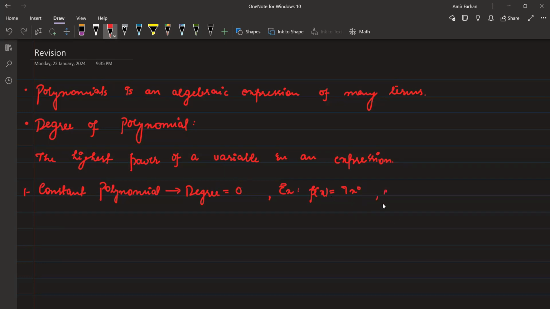Yes or no? Yes. So instead of 12, I can write 12x to the power 0. So degree will be again 0. So this is called constant polynomial. Okay. Second is linear polynomial.